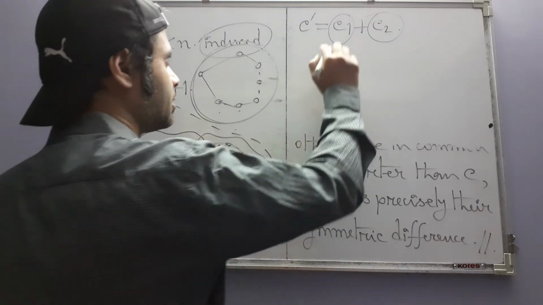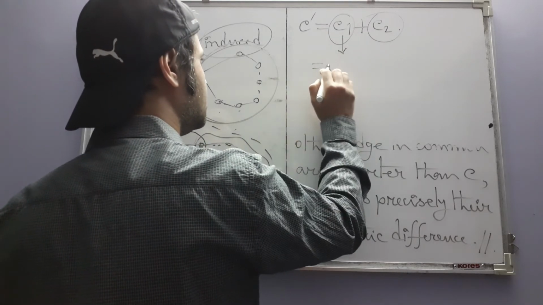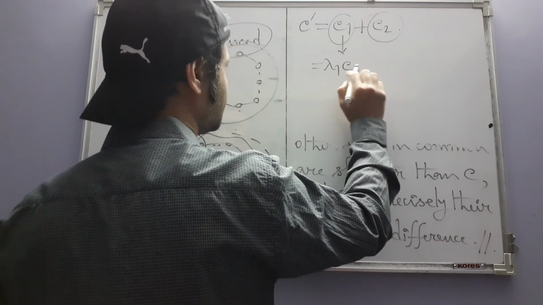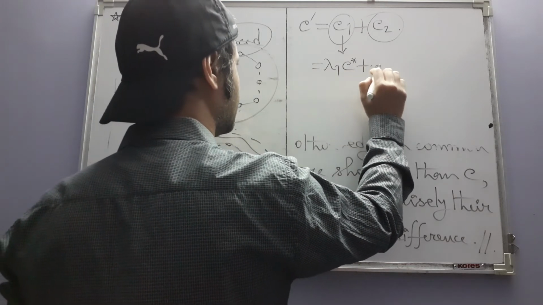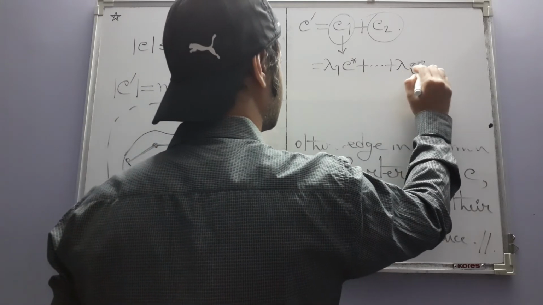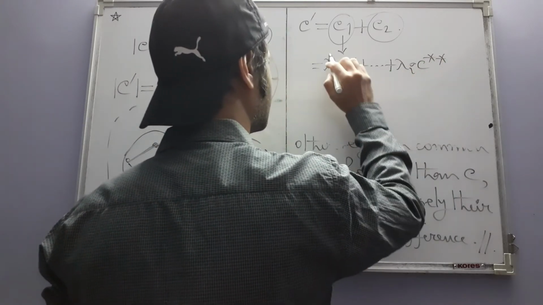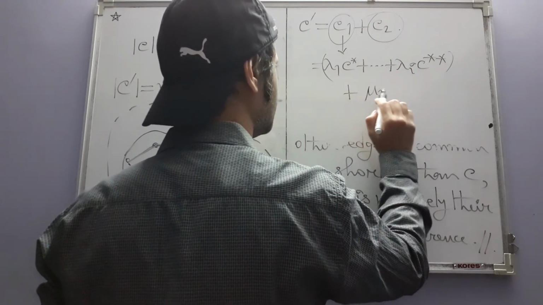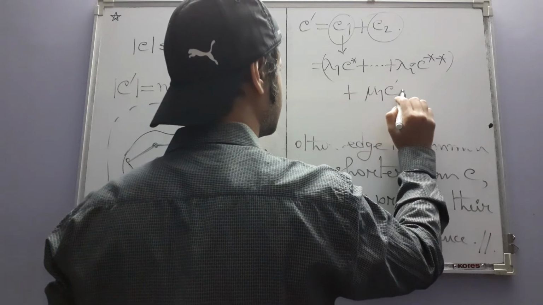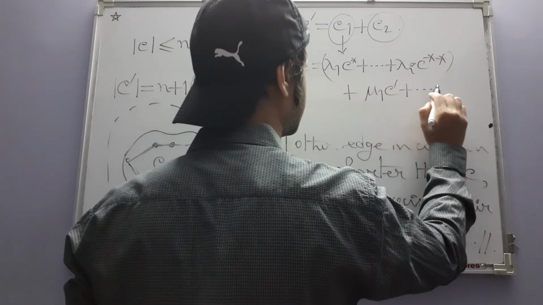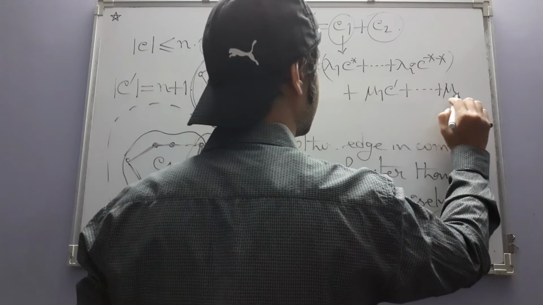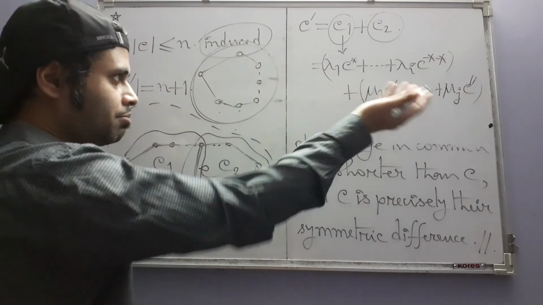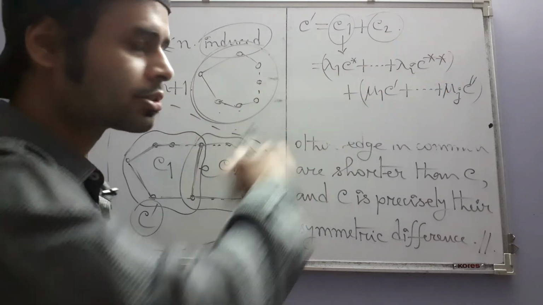And by our induction hypothesis, C1 is a linear combination of some induced cycles, some C star, something like that. And C2 is also a linear combination of some other induced cycles. So now C prime becomes a linear combination of some induced cycles.